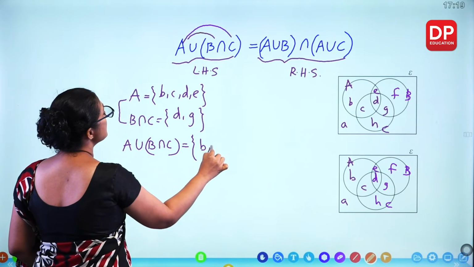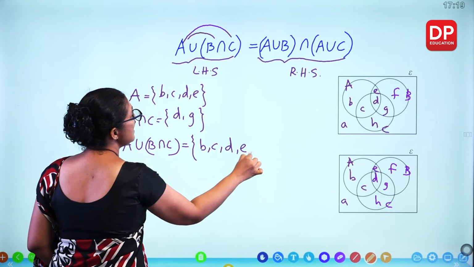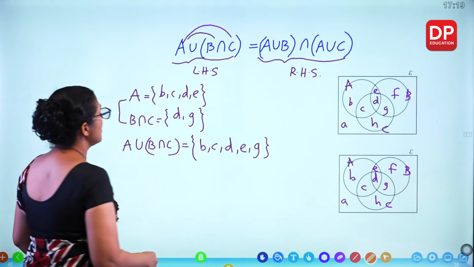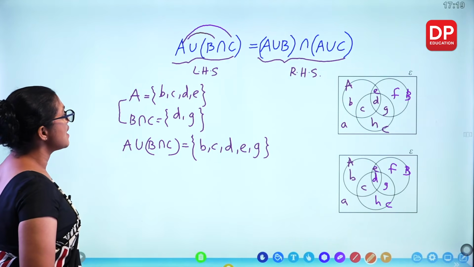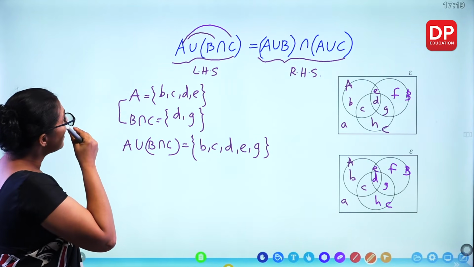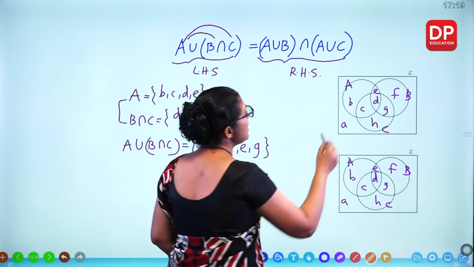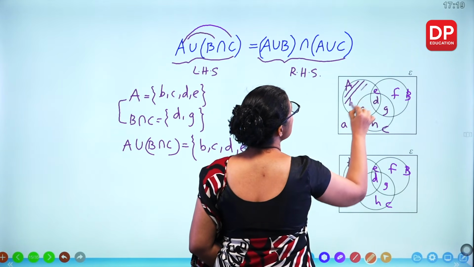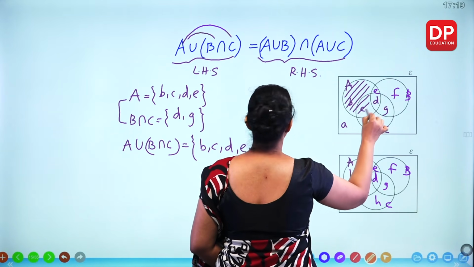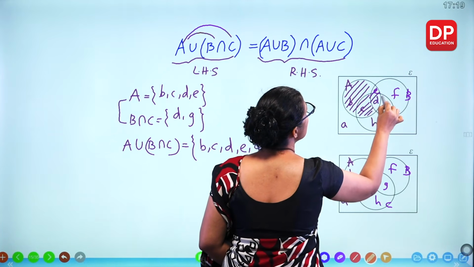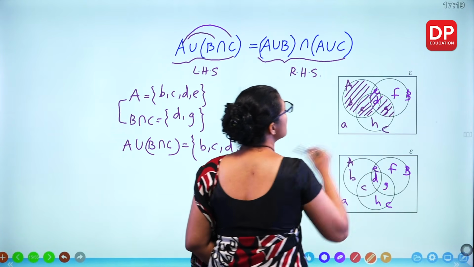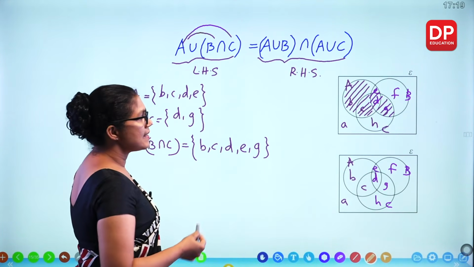That means B, C, D, E, G. That's this side, left hand side. So we'll color this one, B, C, D, E and G. This region.